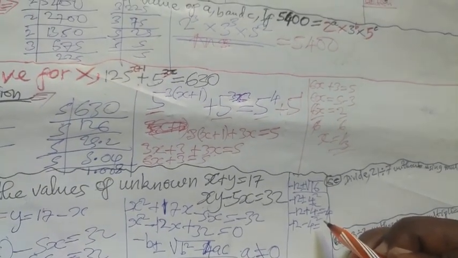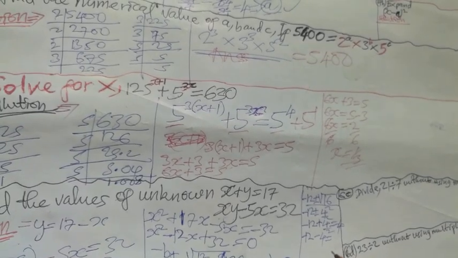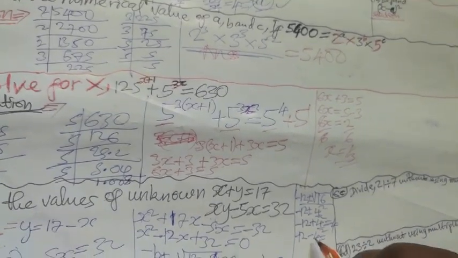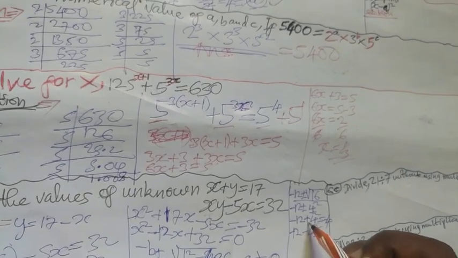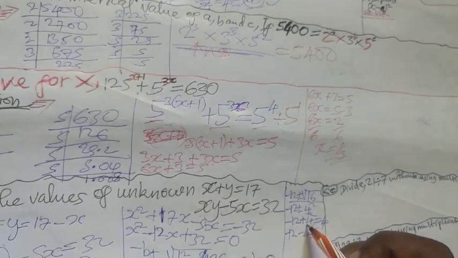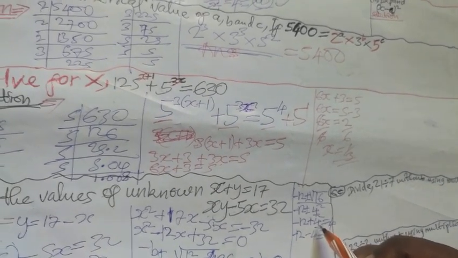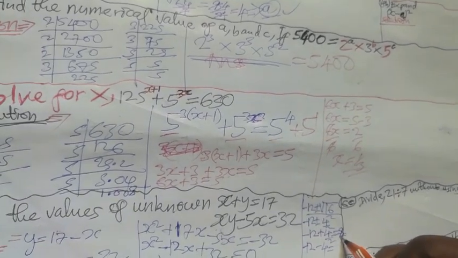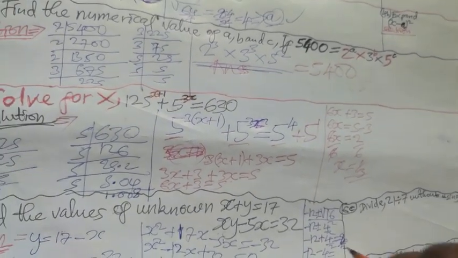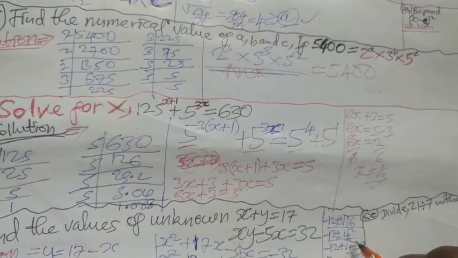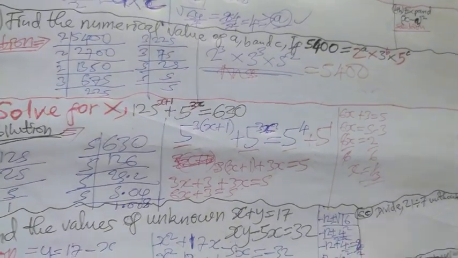Hence, we say -12 plus 4 is -8. This is -8 divided by 2. All is divided by 2.